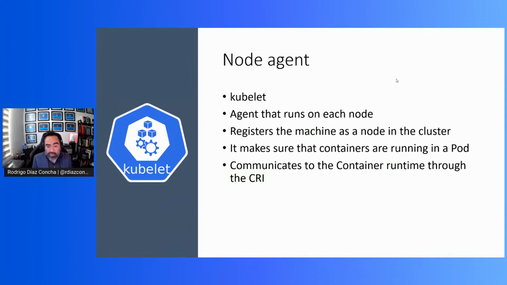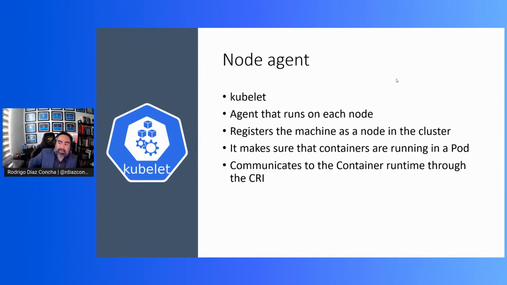So it also makes sure that containers are running in a pod. Of course, as I mentioned before, I haven't talked about pods, but don't worry, we're gonna talk about that in the following sessions. And it communicates to the container runtime through the container runtime interface, which is interesting.